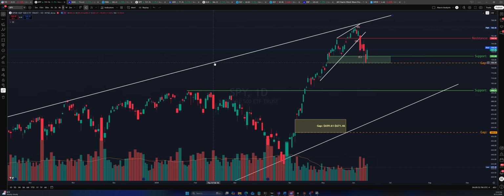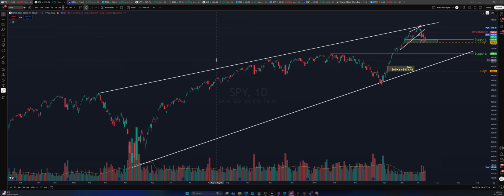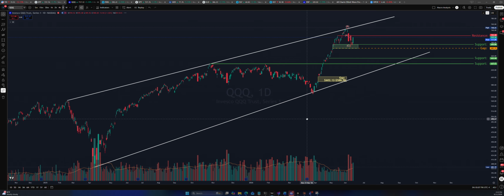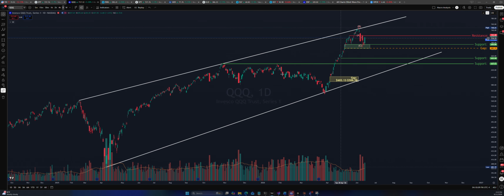Now, let's start with SPY. We have a macro rising wedge on SPY. It came all the way to the top here, and it got rejected. Same thing with QQQ. You have a macro rising wedge in QQQ, came to the top of the channel like it did here, got rejected.